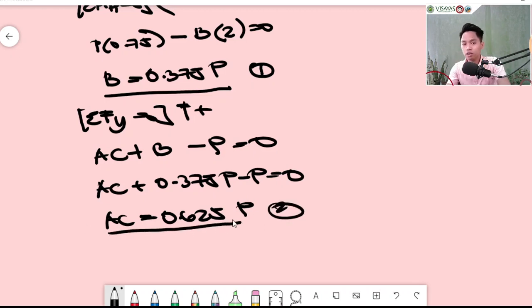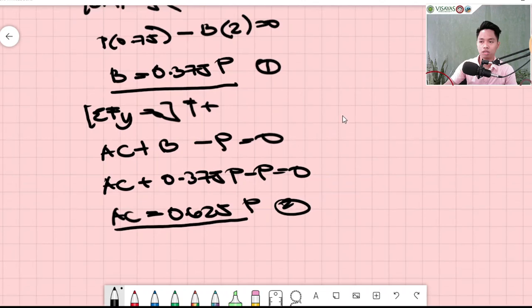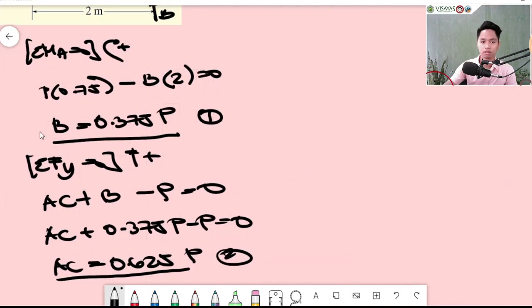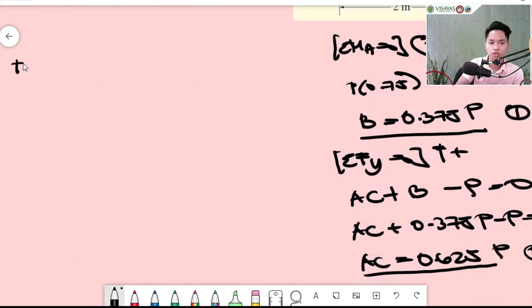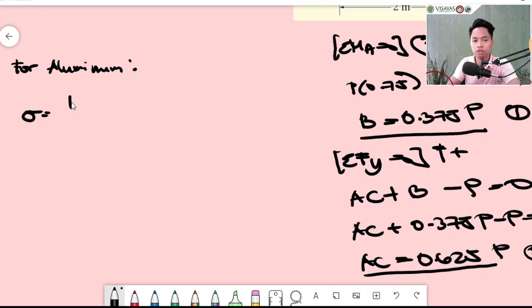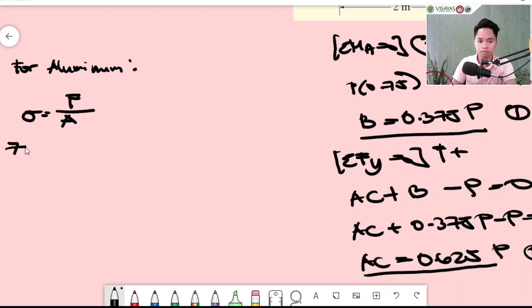Okay, so now we are going to design aluminum. For aluminum, the stress is equal to a force or P over the area. The normal, as per given, the normal for the aluminum is 70 MPa. That would be Newton per mm squared.